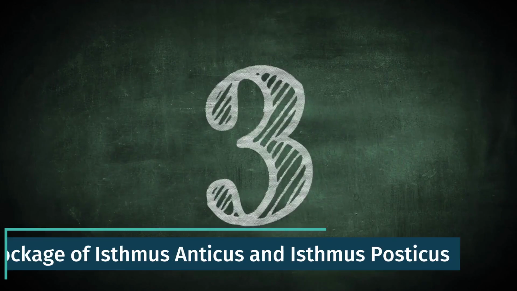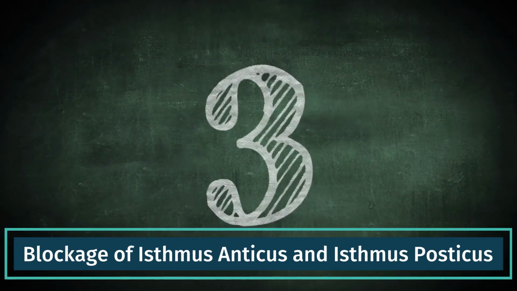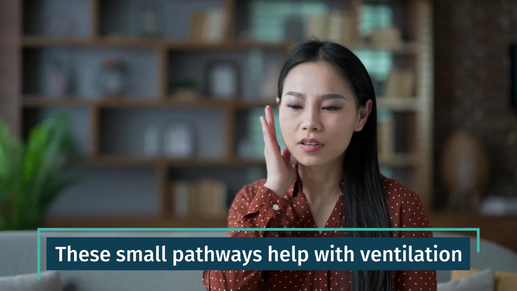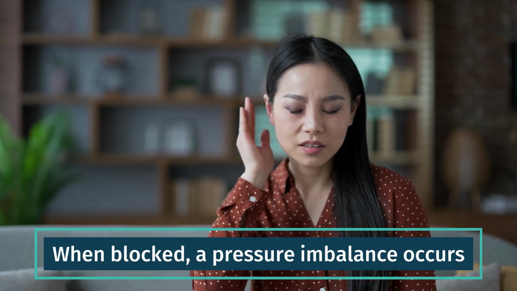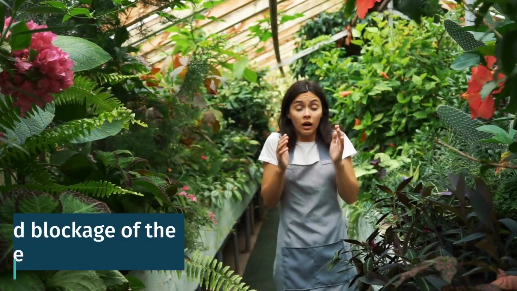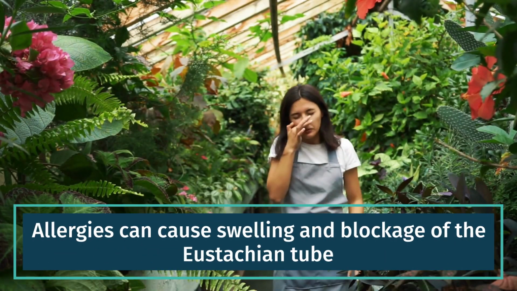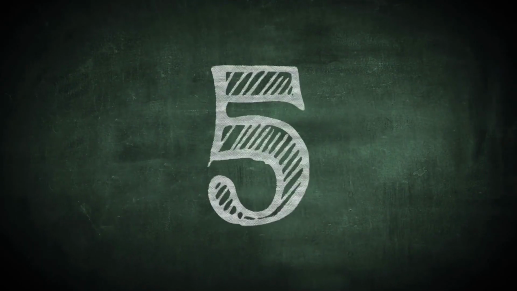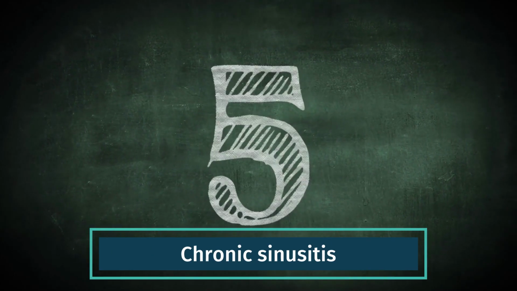3. Blockage of isthmus anticus and isthmus posticus. These small pathways help with ventilation. When blocked, a pressure imbalance occurs. 4. Allergy. Allergies can cause swelling and blockage of the eustachian tube. 5. Chronic sinusitis.